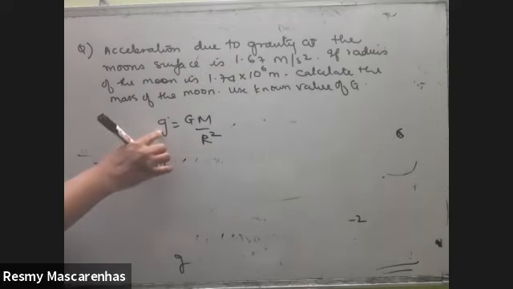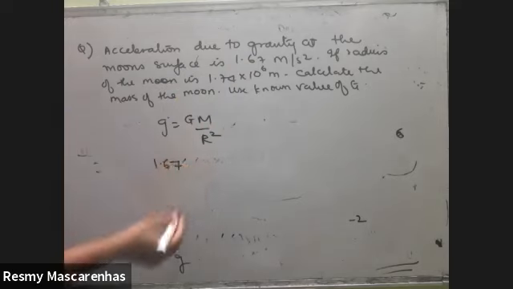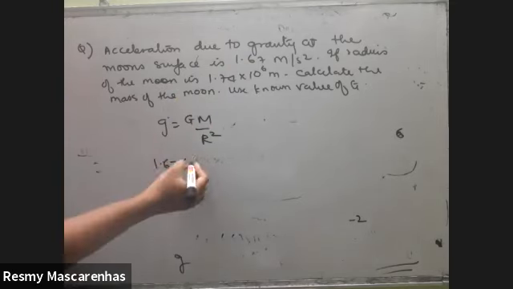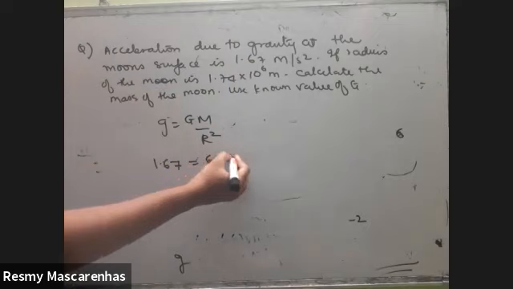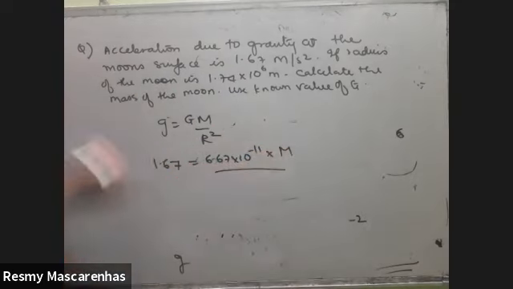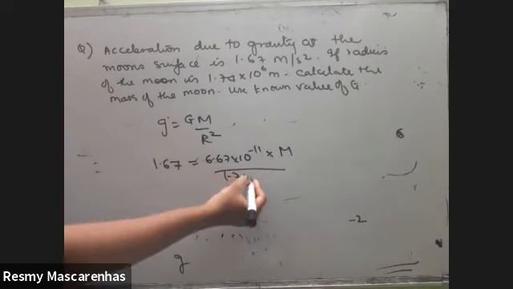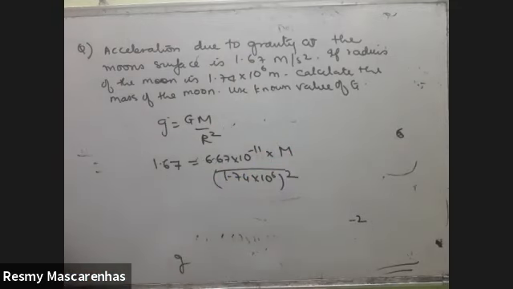It will not be 9.8 now, it will be a different value. So g is 1.67, G is 6.67 into 10 raised to minus 11. M we have to calculate. R is 1.74 into 10 raised to 6, squared.